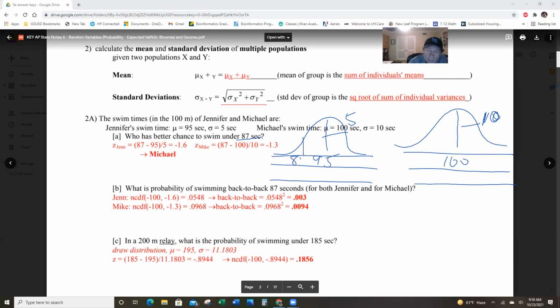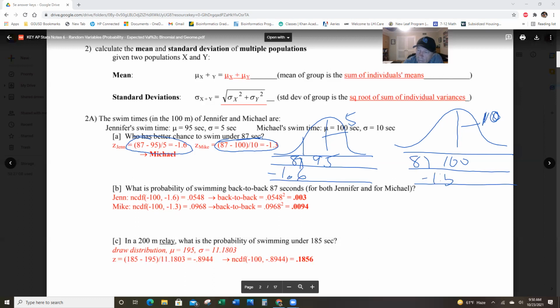All right. Now, to do the z-score on that, I've done it right here. 87 minus 95 divided by 5 is negative 1.6. Okay. And then for Michael to do 87, he's going to do 87 minus 100 divided by 10. So it's negative 1.3.